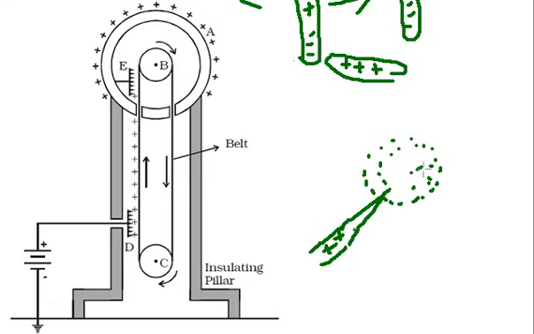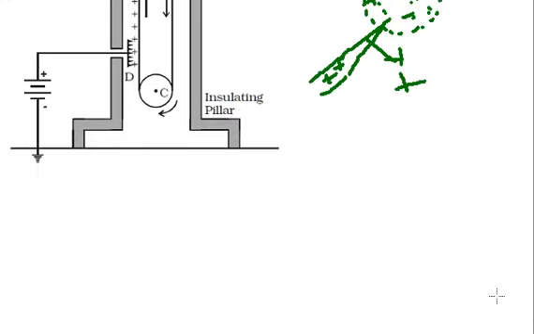So the air surrounding it gets ionized. Ionized means there will be positive and negative charge separations. Since this sharp point is already having the positive charge, it will attract the negative charge towards itself, and push the positive charge away from it.